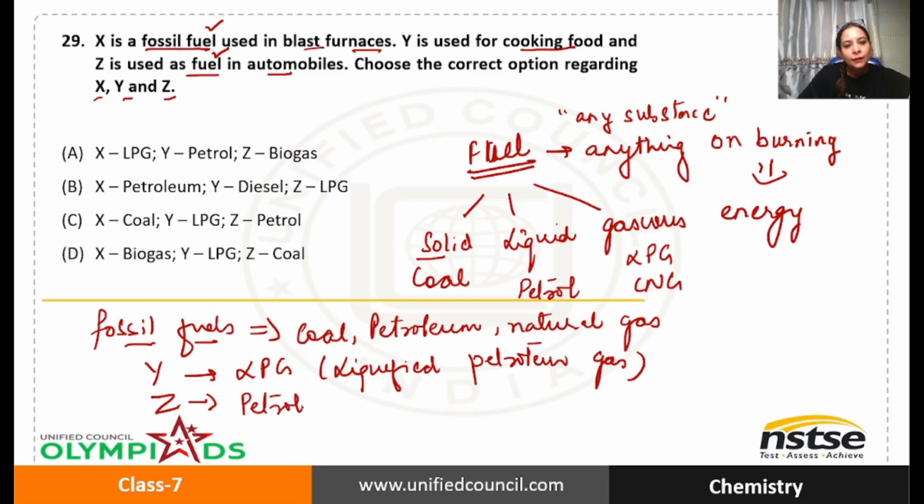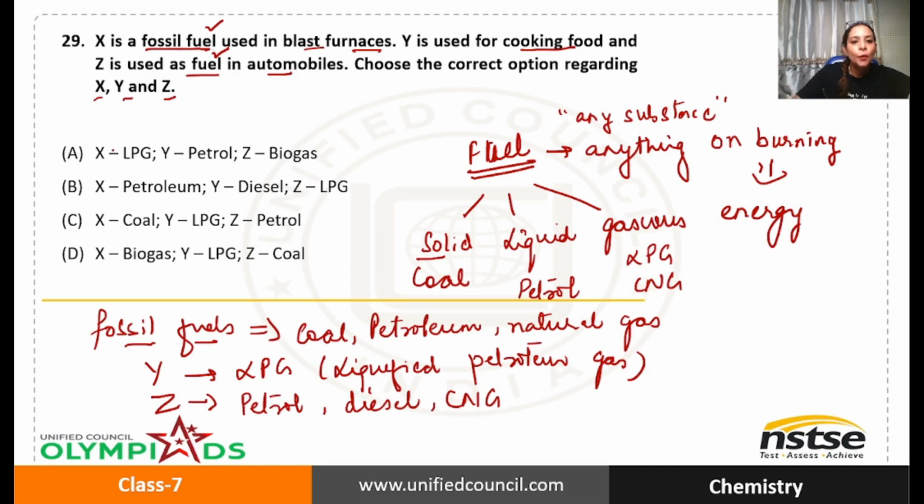Automobiles run on diesel also, like heavy vehicles, and also CNG. These are the fuels. We cannot include electric. Nowadays many automobiles make use of batteries, but here we have to consider only those substances which act as a fuel. So we cannot include automobiles with batteries. We will include petrol, diesel or CNG.